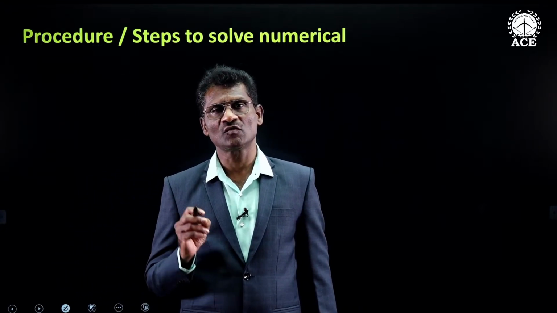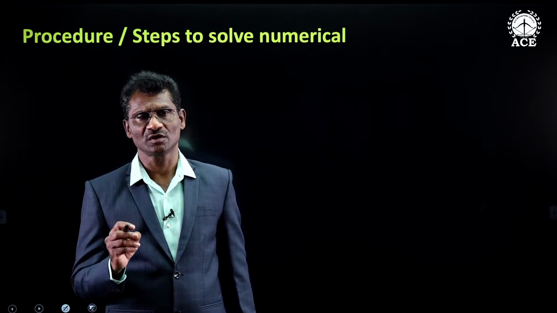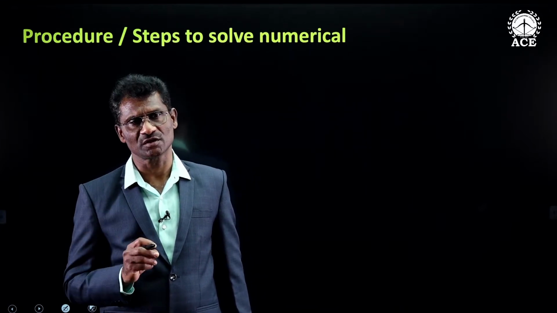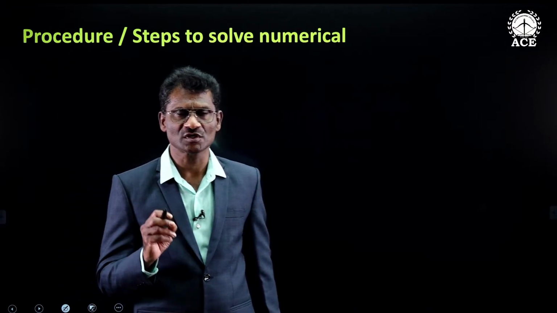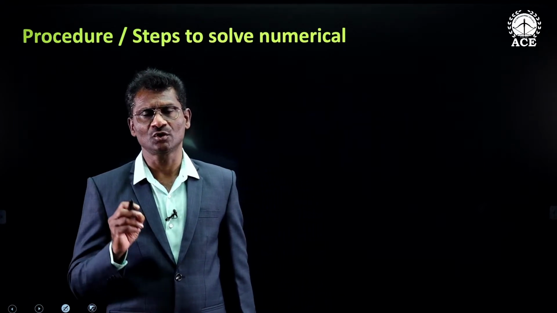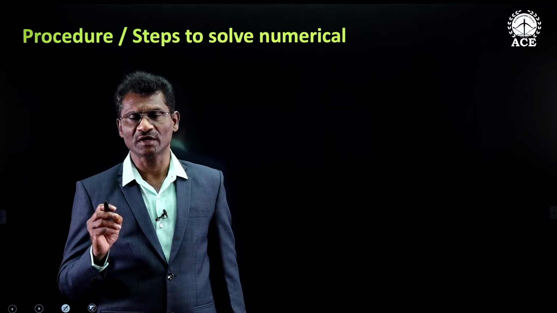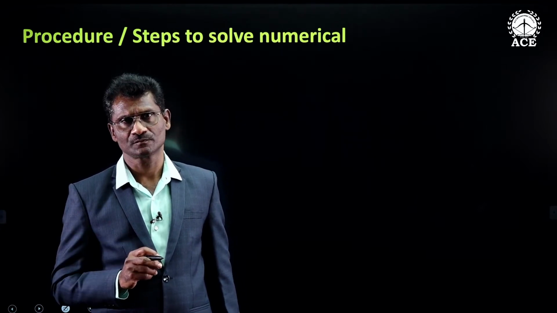Remember that if you want to get maximum marks for a question in the university examination, the best way is to attempt a numerical. Because in a numerical, if you write all the steps and do substitution and give the correct answer along with units, you will get full marks.